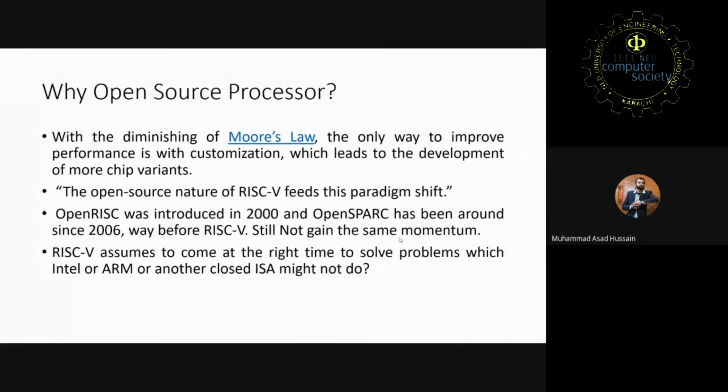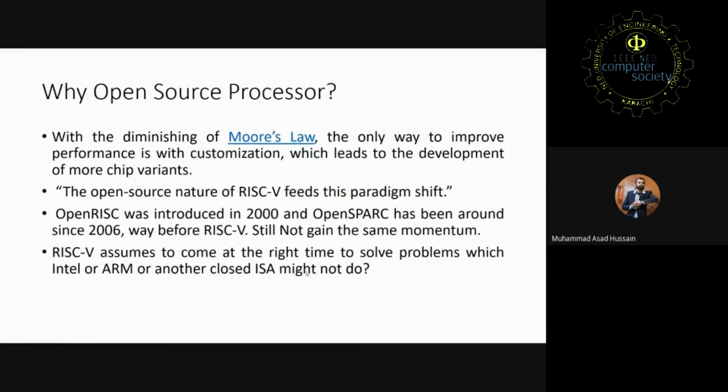They take the royalty, and they are doing the business of millions of dollars from this royalty. These architectures cannot be changed, and they cannot be customized. If you need to customize within these architectures like Intel and ARM, you have to pay a very high royalty to the companies that these architectures belong to.